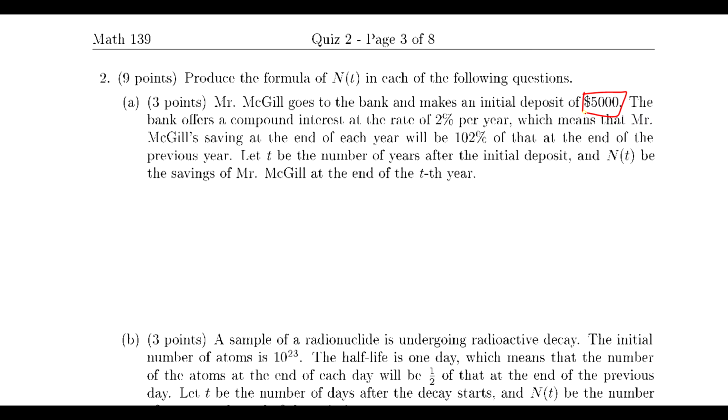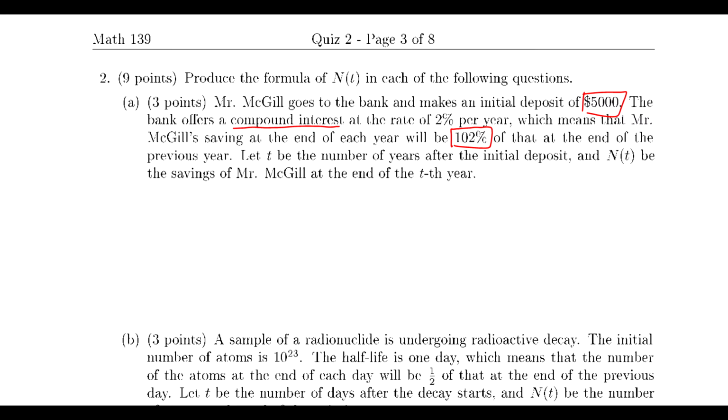The bank offers a compound interest at the rate of 2% per year, which means that Mr. McGill's savings at the end of each year will be 102%. Where I would say that this line actually makes the question a lot easier, and I'm not sure why it was included, but I guess McGill thought that would be a nice thing to include that.